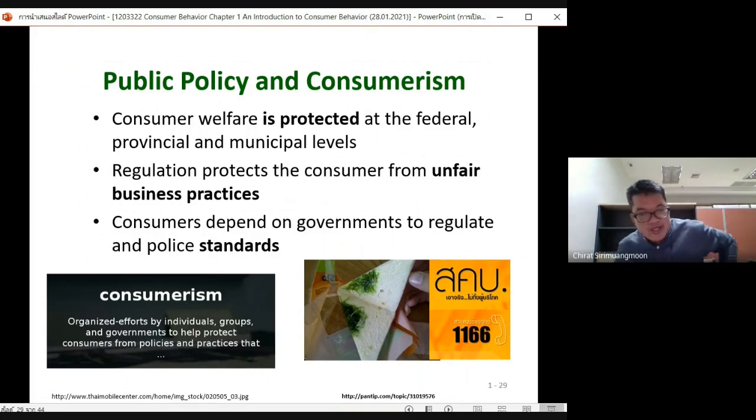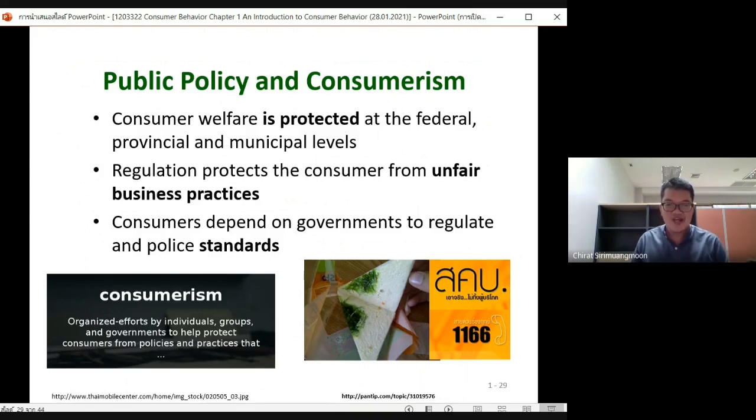Next one. When you have a problem with the products, it's our right to contact, it's our right to call some officer who takes care of the products. In this case, actually every country has an organization that controls, protects, and bans sellers who did something bad.